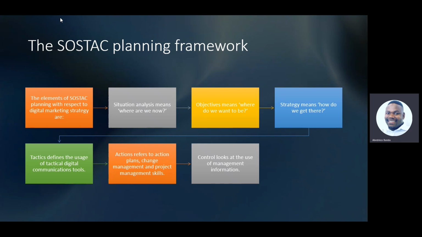So just to explain the diagram that I showed you previously, which I believe is in the textbook, the elements of SOSTAC planning with respect to the digital marketing strategy include situation analysis, objectives, where situation analysis means where are we now, objectives, where do you want to be, strategy, how do we get there, tactics defines the usage of tactical digital communication tools, action refers to plan, change management, and project management skills.